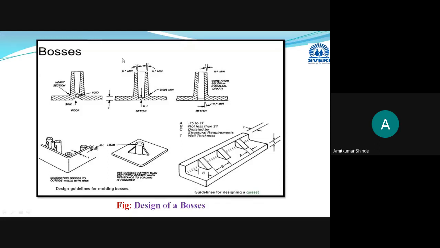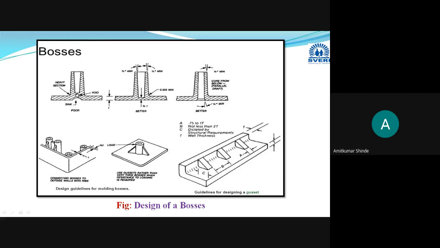Now, why we are providing this, we are trying to give the minimum thickness. Why are we going for minimum thickness here? Some defects: this is the void, meaning some air bubble or some gap will be there. And sink, this is the sink mark. Material will get moved towards the opposite direction during solidification, and here shortage of material will be there, due to that sink marks are created.